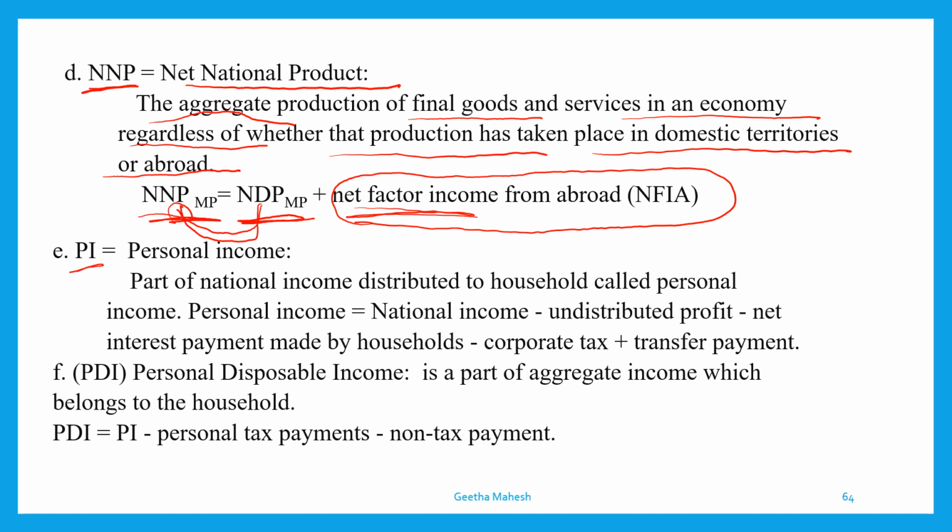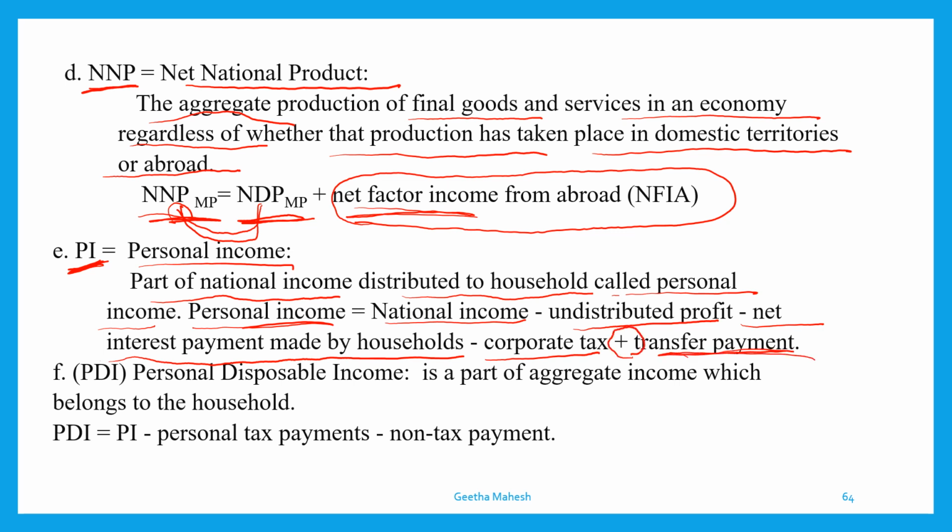Next one is personal income, PI. The part of national income distributed to households is called personal income. Personal income equals national income minus undistributed profit minus net interest payments made by households minus corporate tax plus transfer payments.